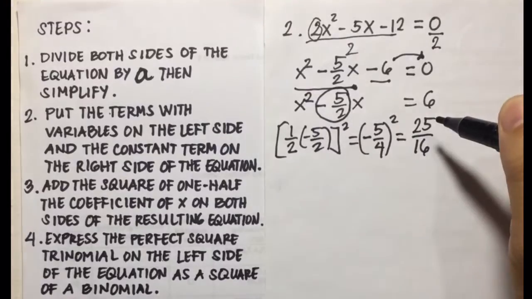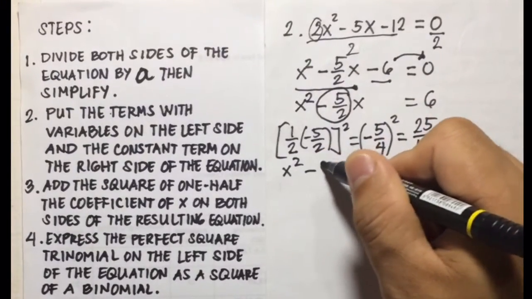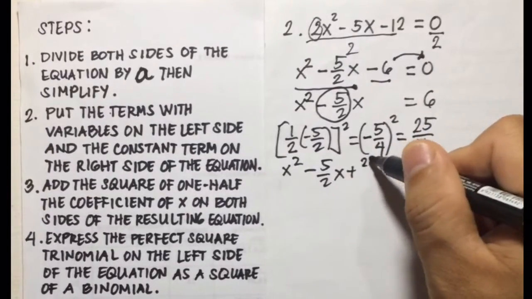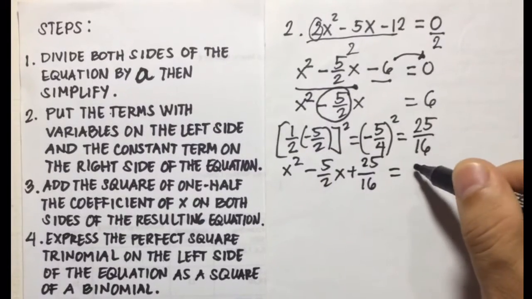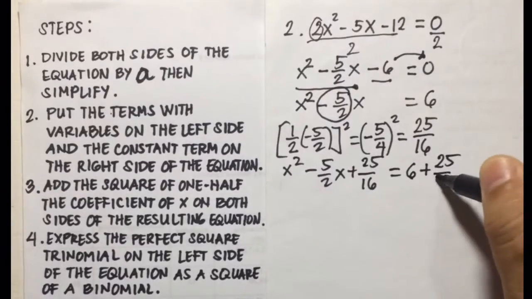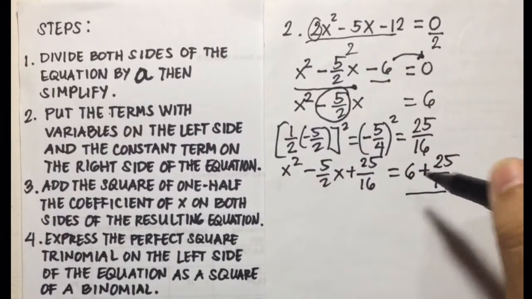So you're going to add here x squared minus 5 over 2x. You're going to add here 25 over 16. And also on the right side, 6 plus 25 over 16. Then operate this one first.